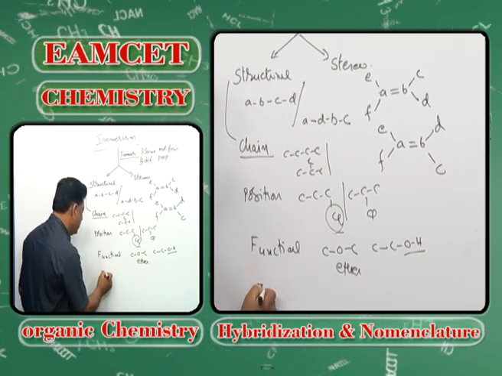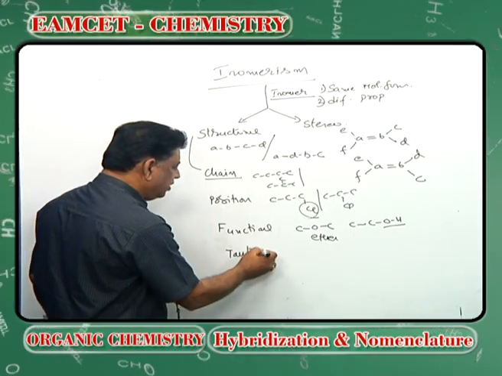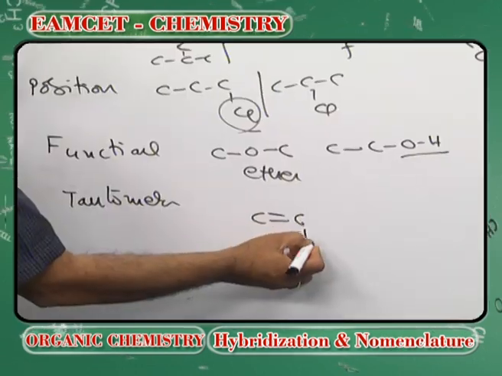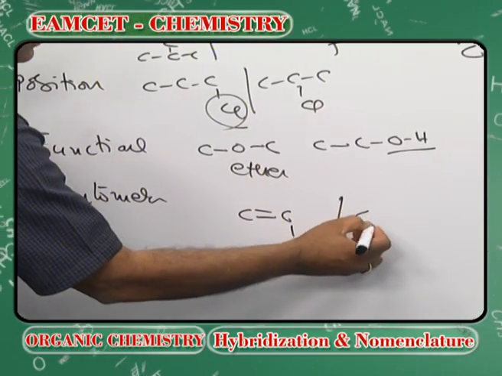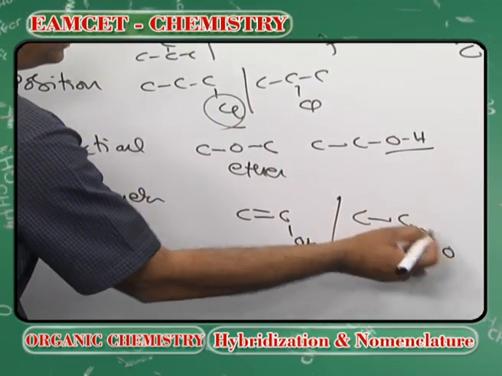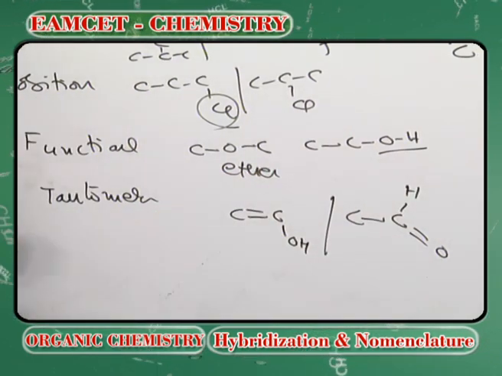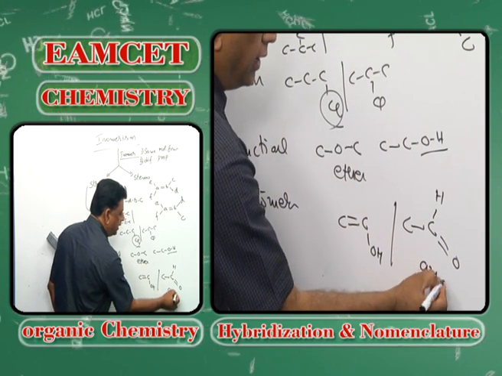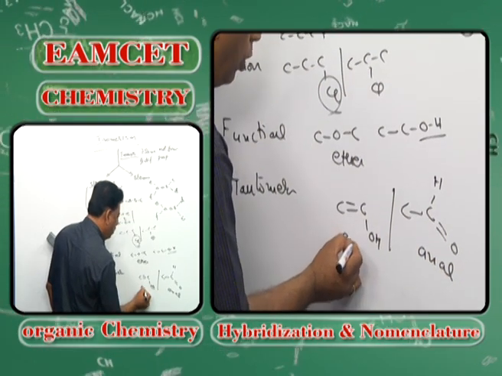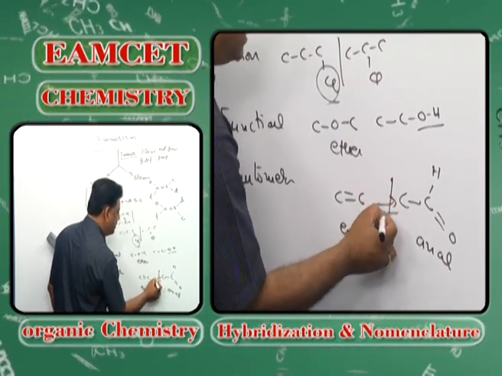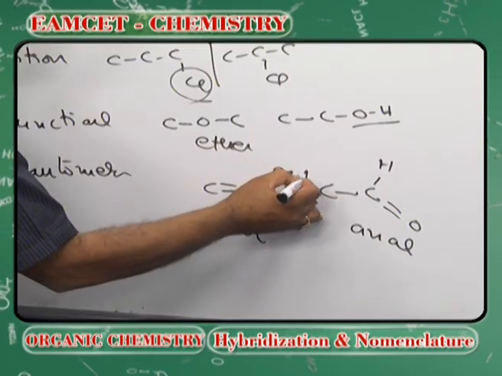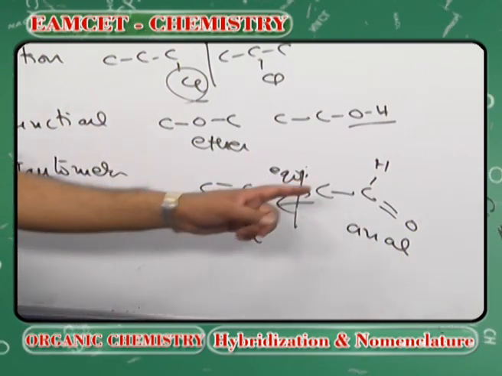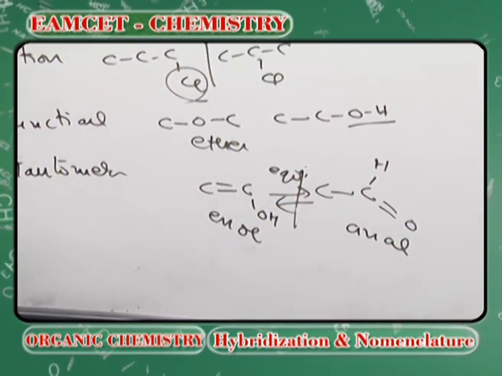Then we have tautomerism. In tautomerism, for example, a vinyl alcohol can be changed into an aldehyde. This is an enol, en with ol, enol. The enol changes into the aldehyde, and there is an equilibrium. Equilibrium stands for equal, meaning the conversions A to B and B to A are the same, though the percentages are not the same.